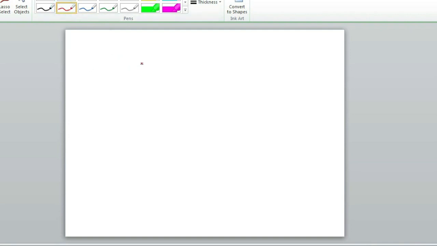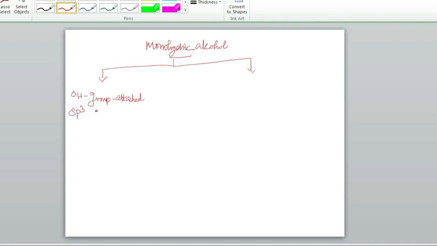Monohydric alcohol is divided into two types. It contains an OH group attached to an sp3 hybridized carbon.